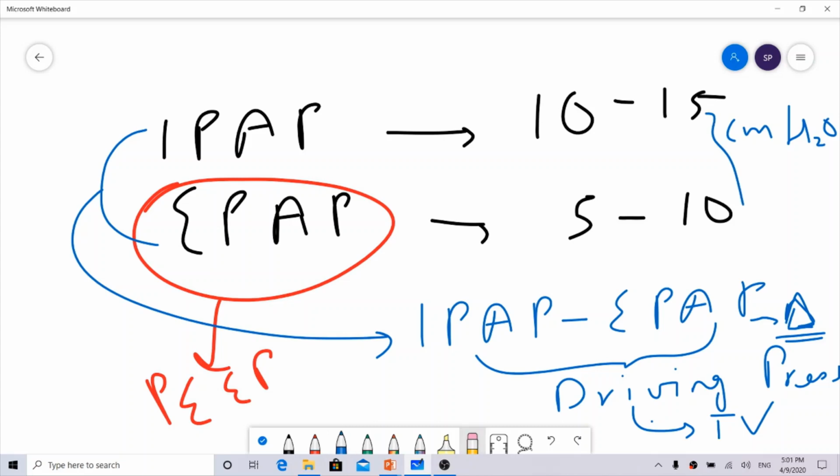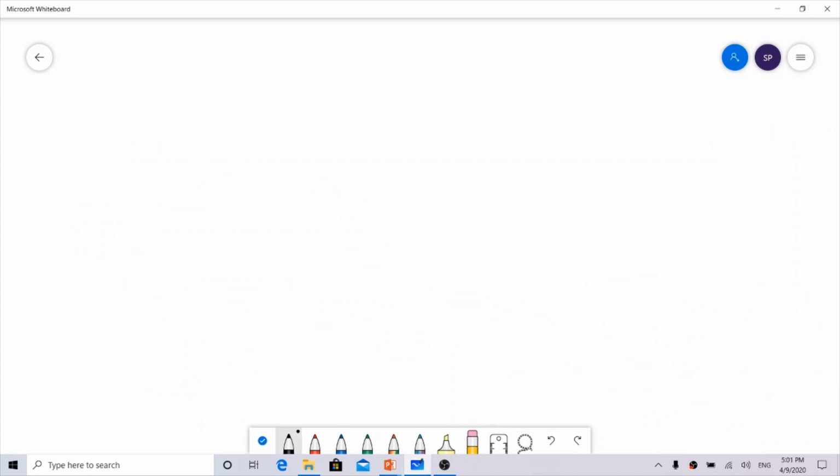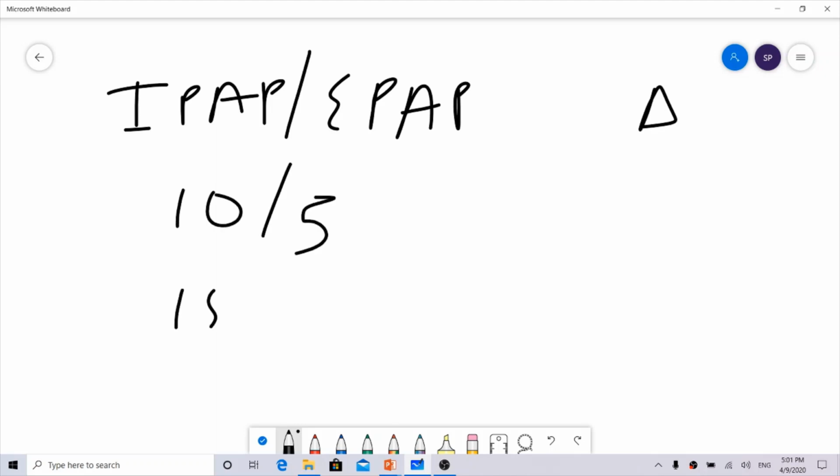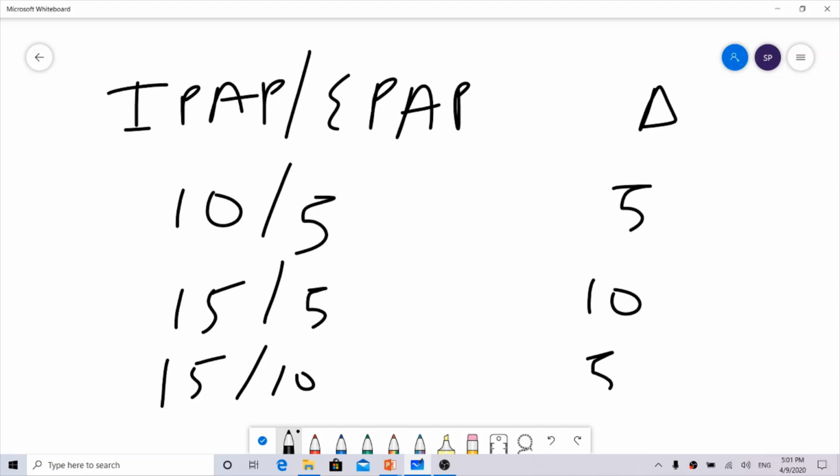So let's talk. We have IPAP over EPAP, and this is the delta. You can have, let's say, 10 over 5, 15 over 5, or 15 over 10. The delta here is 5, here we will have 10, and again we will have 5.